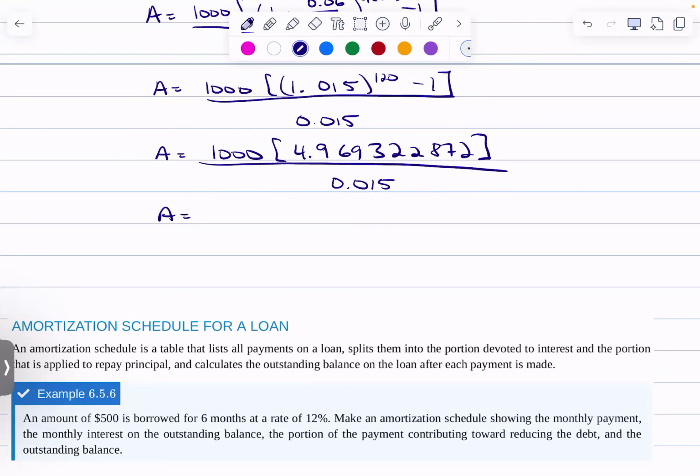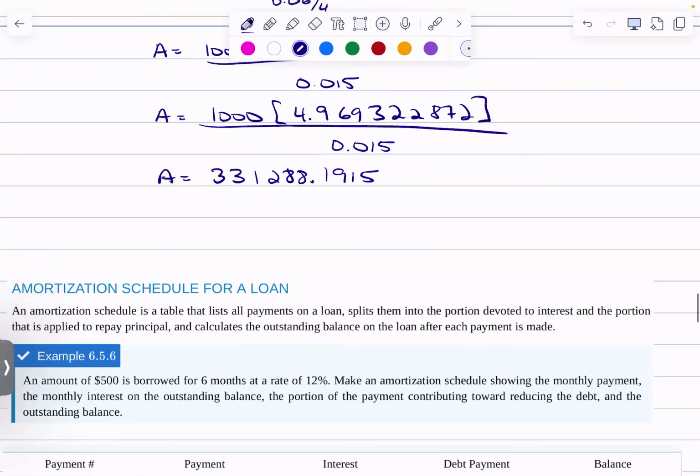Times 1000 divided by 0.015 is 331,281.915. Pretty good. Good job, Aisha. Oops. $331,288.19 is what she'll have saved after 30 years.